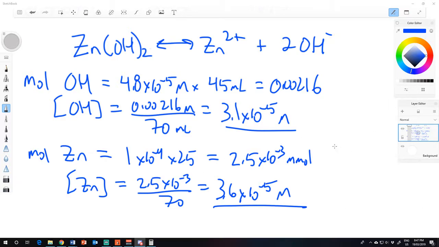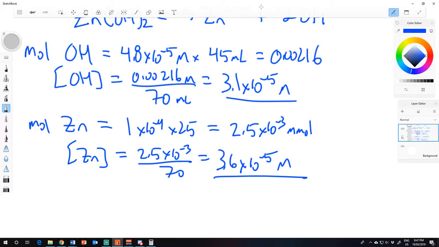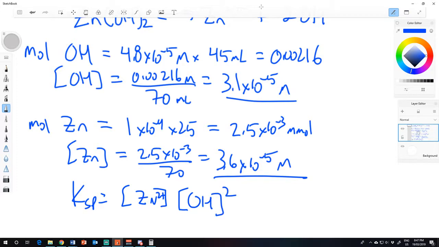Yeah, and then the KSP equation, once you have that. Yeah, okay, so that should be right. So KSP will then be concentration of zinc plus times concentration of OH squared, and those two numbers. Yeah.